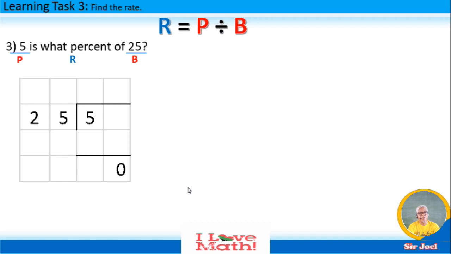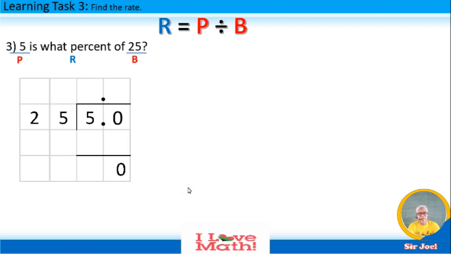Kung wala kayo nakitang decimal point, ibig sabihin nun, nasa dulo yun. So, tingnan natin yun mamaya kung meron tayong case na ganun. Pero in this case, katulad lang ito halos nung sample number 1 and number 2.